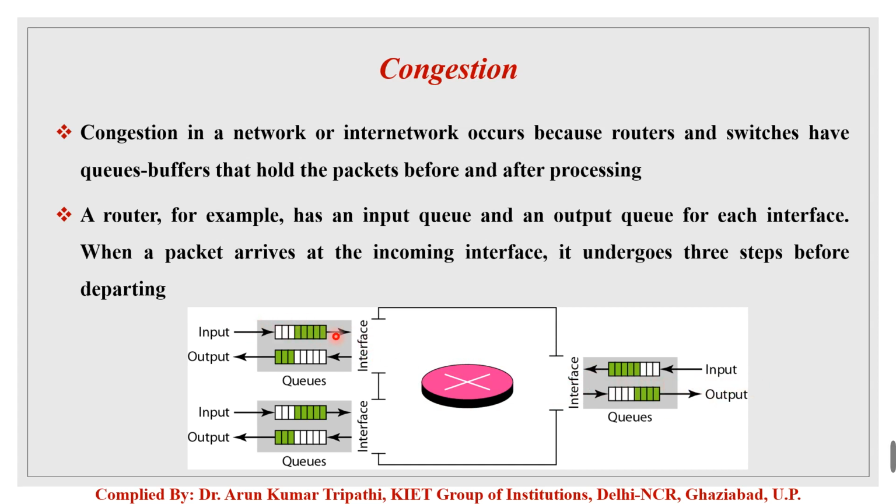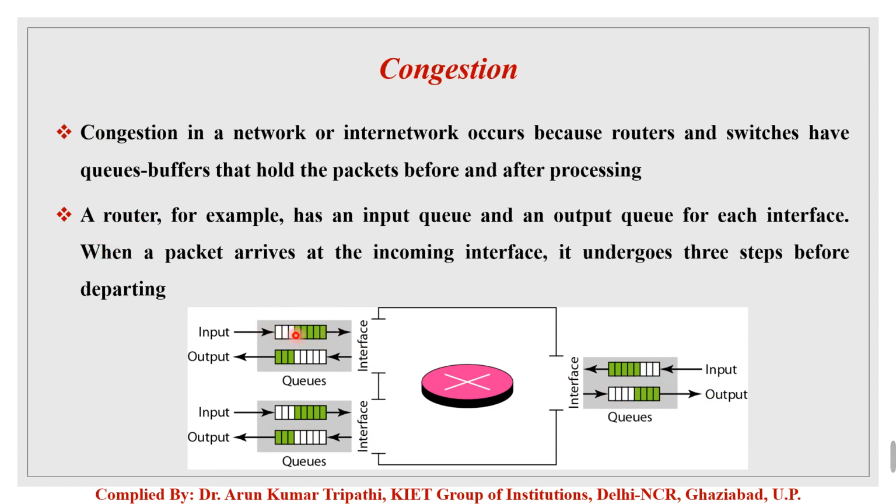The packet comes from the input, and after searching for the best path in the routing table, it is put into the output queue. Similarly for the second and third connections. So these are the buffers.